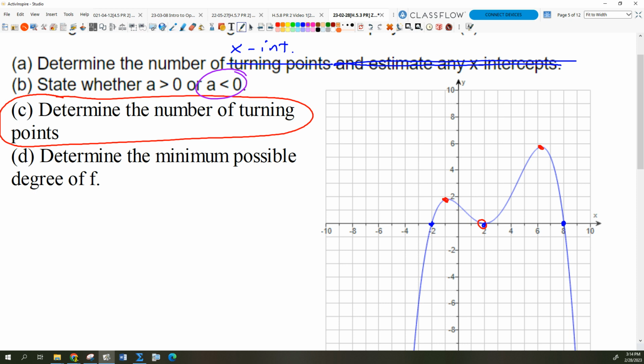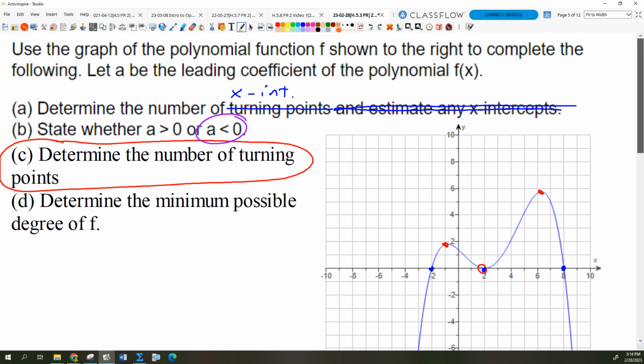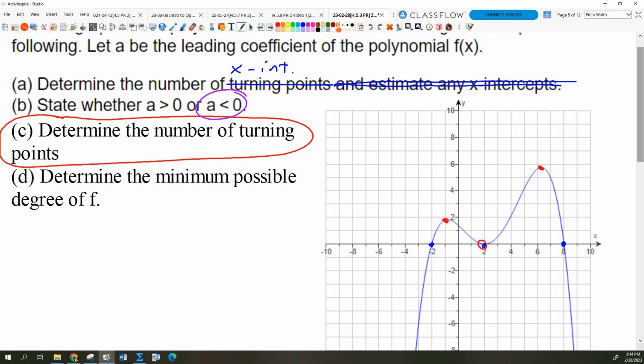Now I want to know what's the minimum possible degree of this polynomial. Let's write this down here. The number of x-intercepts was 3, and the number of turning points was 3. So what's the minimum possible degree? Show me with your fingers.